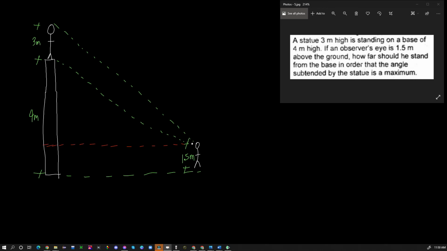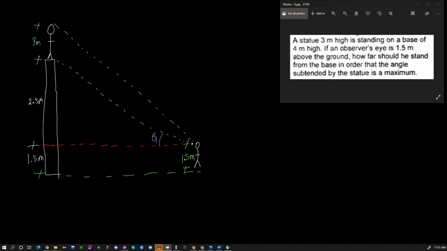So, dili na siya 4 meters. Kani siya is 1.5 na ni diri. Pero diri is, pila na lang? 2.5 na lang. Okay? Then, same, balik ta ato nga solution.